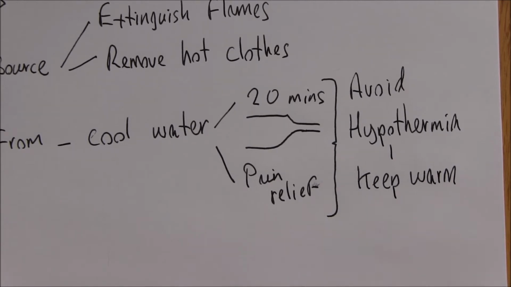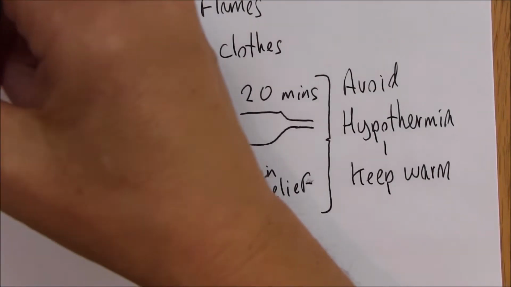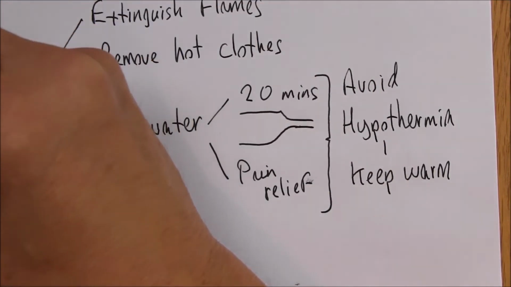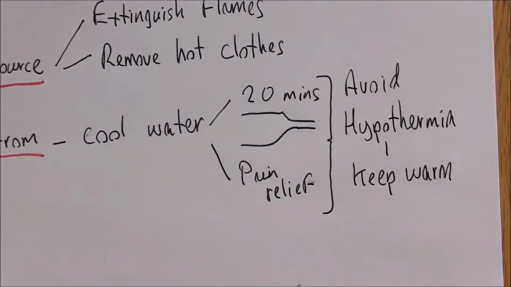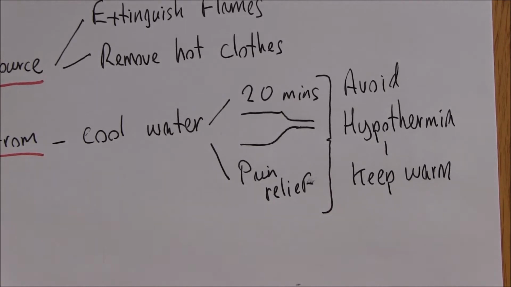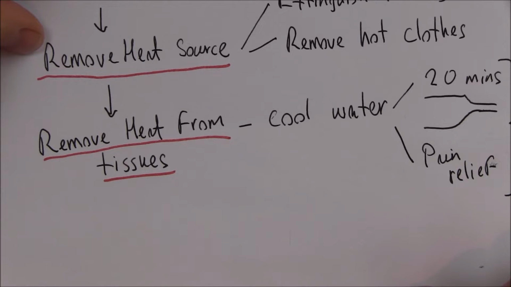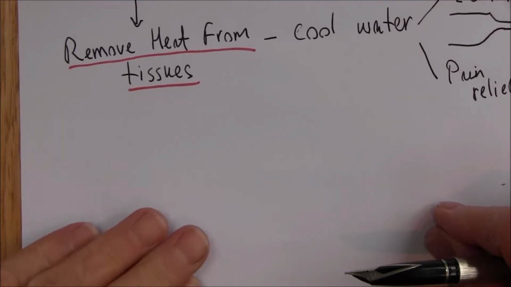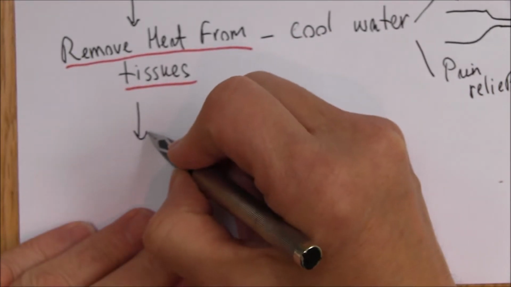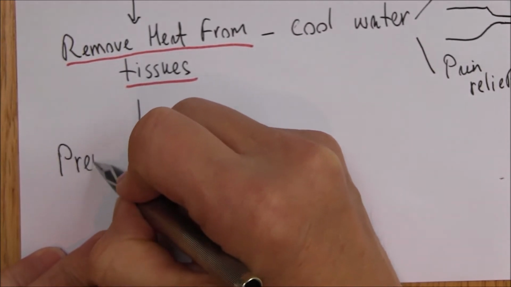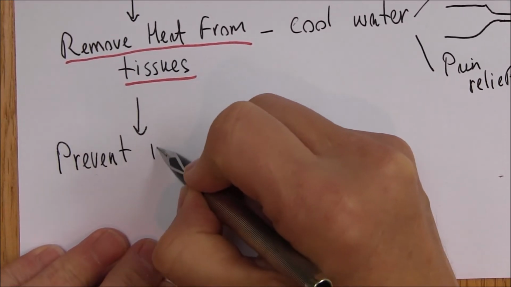So we've removed the heat source, we've removed the heat from the tissues. Now the next complication with burns, and it's a huge complication, and it's a life-threatening complication with burns, is infection. So the next thing to do is to prevent infection.